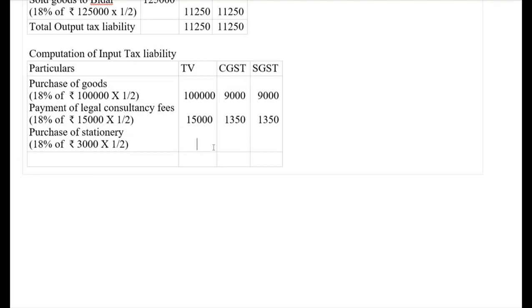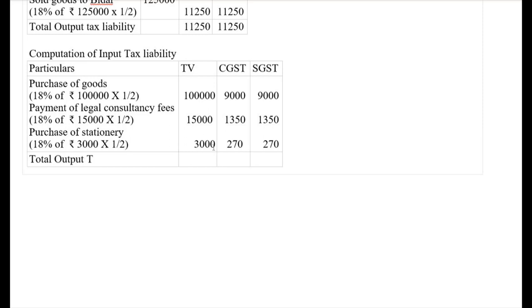It is the transaction value that comes to 3,000. We should write here. So here it is 270, and the SGST also remains same, 270.